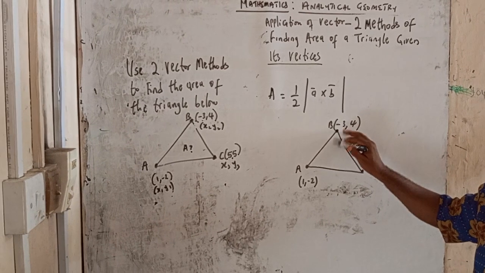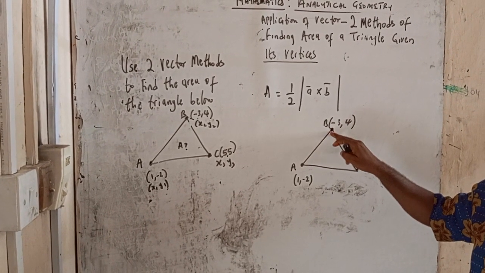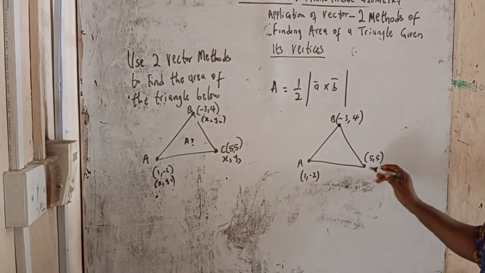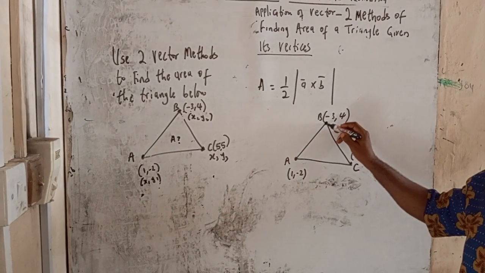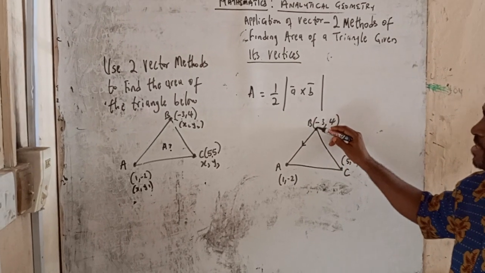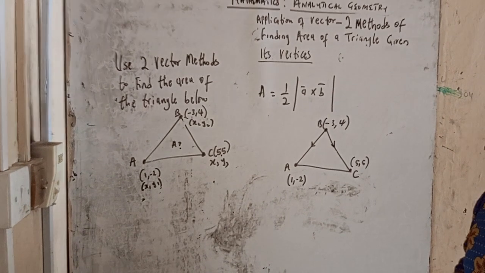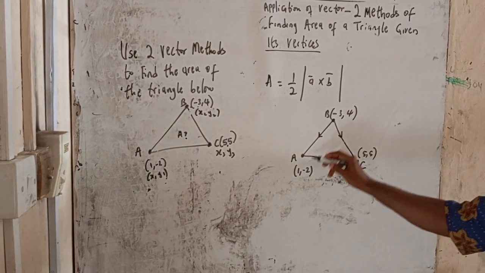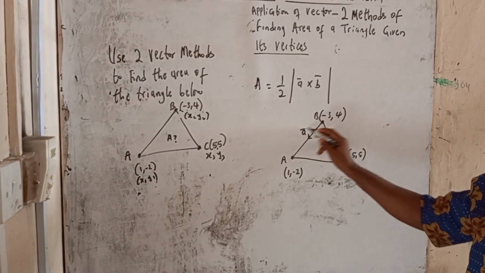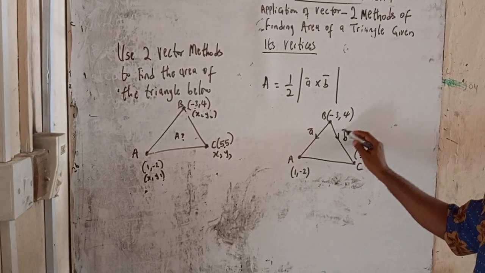You take this particular point B as a base, as if it is a fixed point with respect to A and C. So that means you are moving in this direction, put this arrow here. Here you are moving in this direction, put this arrow. Now call this vector A, and call this other one vector B.